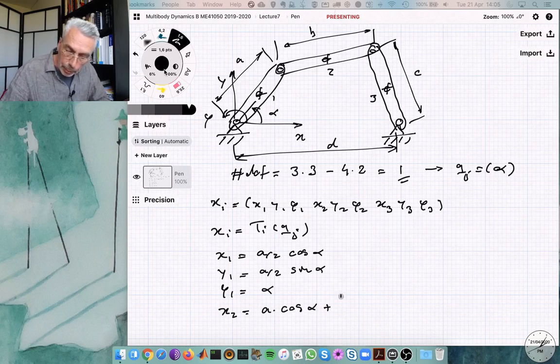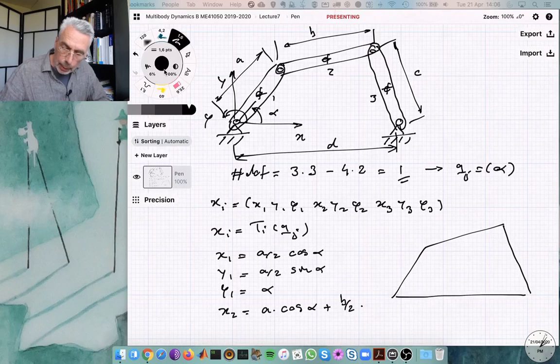b over 2 times this angle, but it must be expressed in alpha. So now we have some geometry problems. We have to draw this triangle, or set of triangles actually, like this.